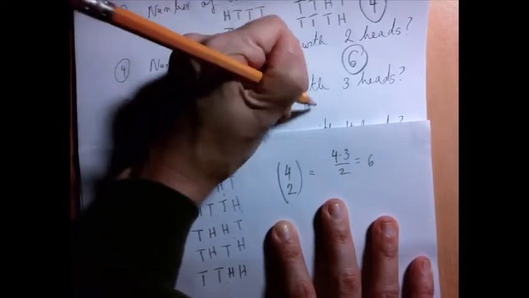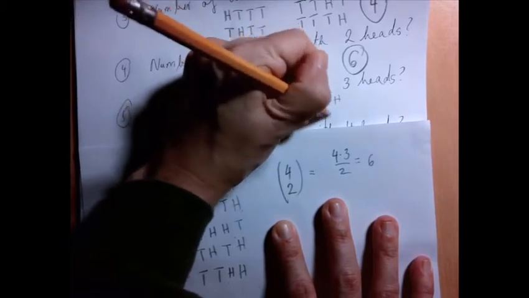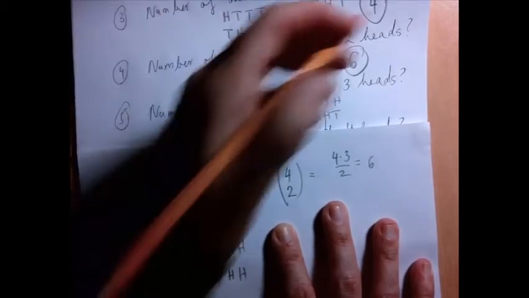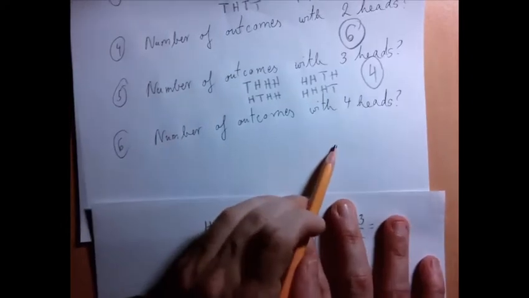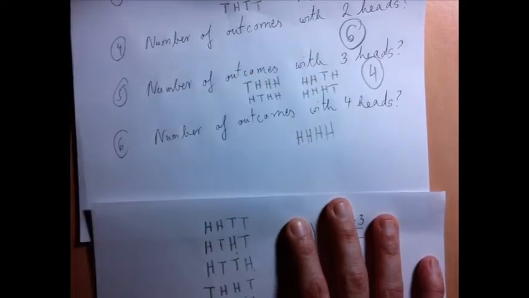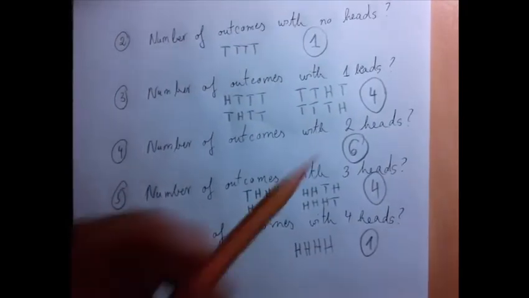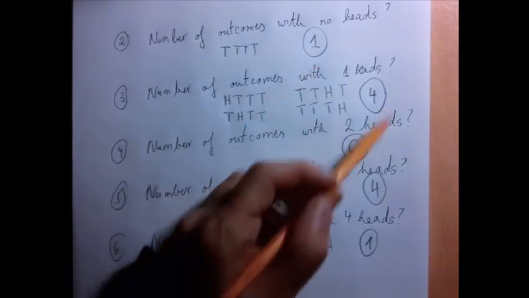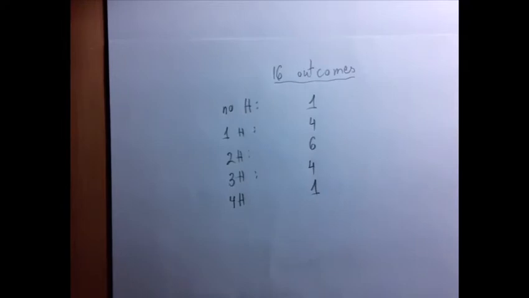H, H, T, H, and finally H, H, H, T. So there are 4 cases. The last question is, what is the number of outcomes with 4 heads? And that's again just the one. And so we can add these together, and we have 1, 5, 11, 15, 16. So that's how the 16 breaks down nicely.